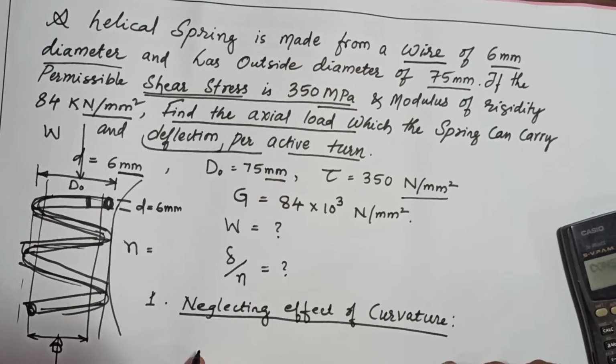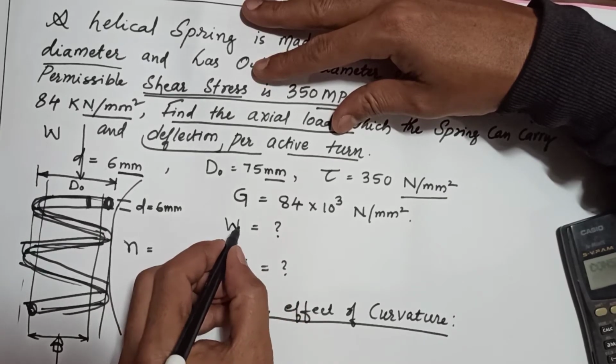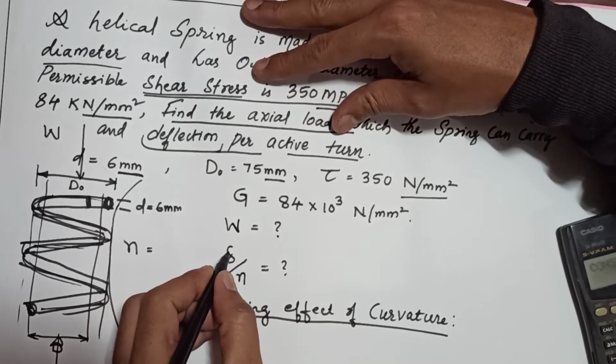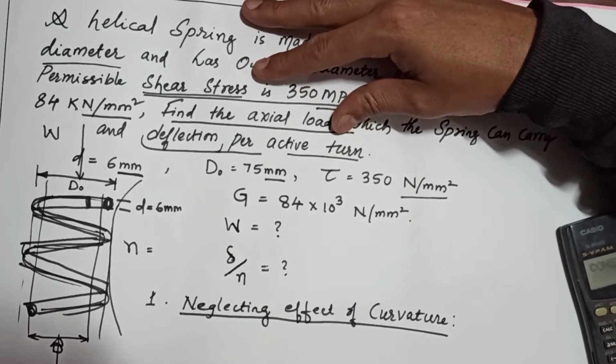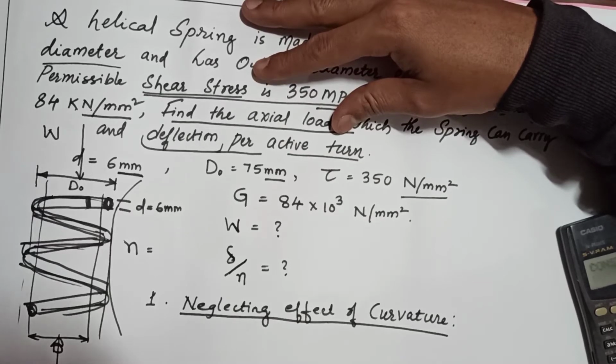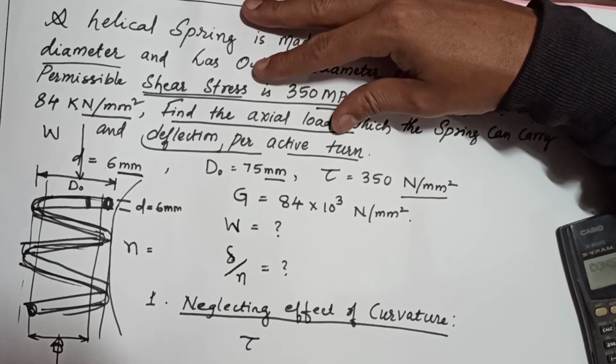After that we will consider the curvature of the coil. So by neglecting the effect of curvature, how do we solve this problem? First you need to calculate the axial load and also the deflection per active turn. Here you should know the two equations or derivations that we have derived in the classes. First, how to calculate the maximum shear stress induced in the wire.